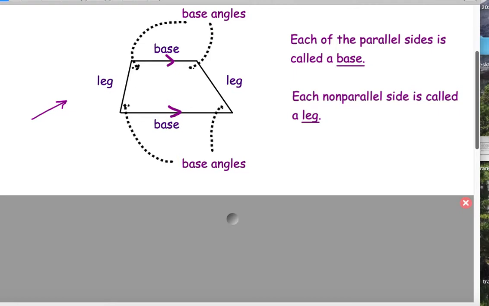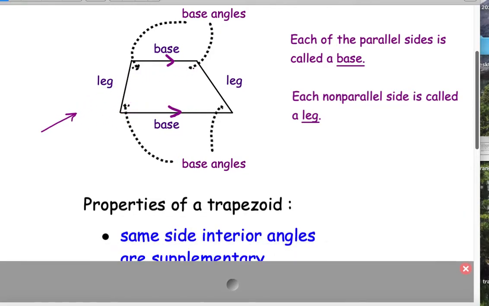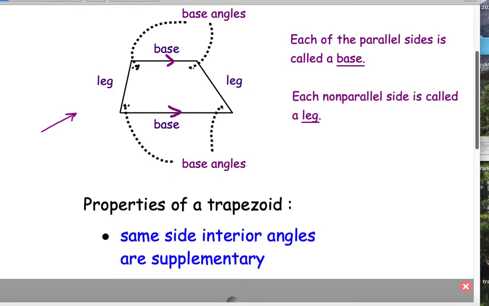So all we know is that the two bases are parallel, and from what we learned with parallel lines, we know same side interior angles are supplementary. So these two angles will be supplementary, and these two angles will be supplementary. But these two angles don't have to be equal, nor do these two.